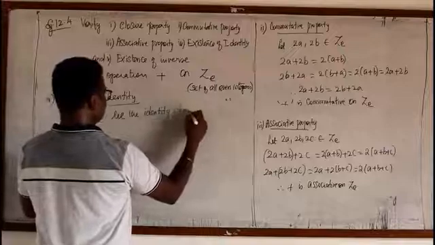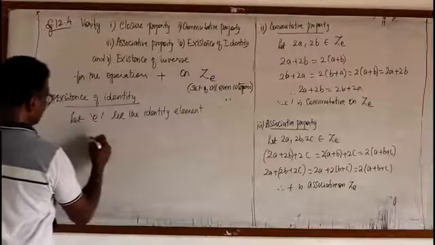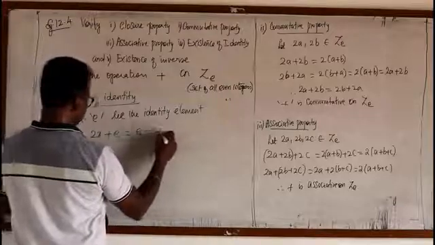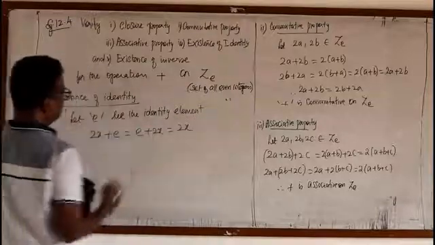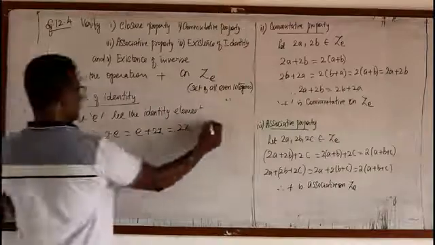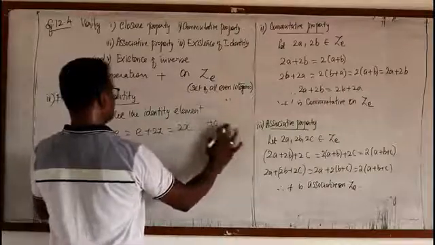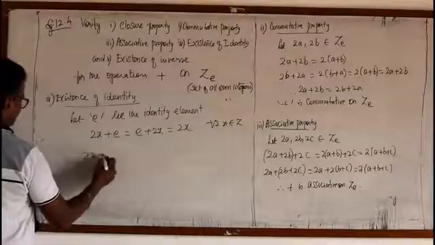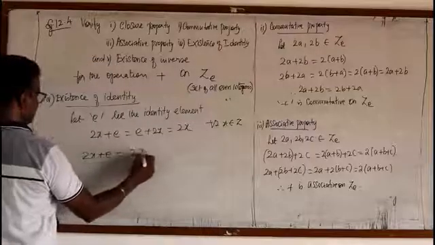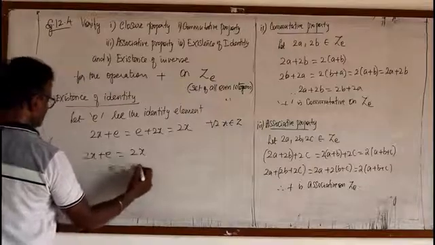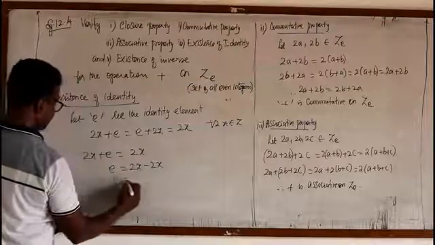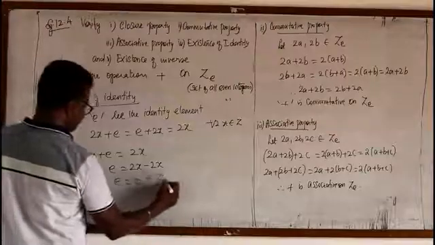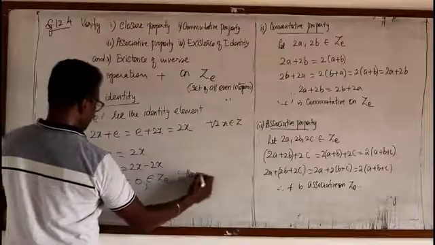That means either 2x plus E or E plus 2x, the answer must be 2x, for every 2x belonging to ZE. So let me take the first one: 2x plus E equals 2x. Then E equals 2x minus 2x. E equals what? 0. Definitely an even number, belongs to ZE. Zero is the identity.